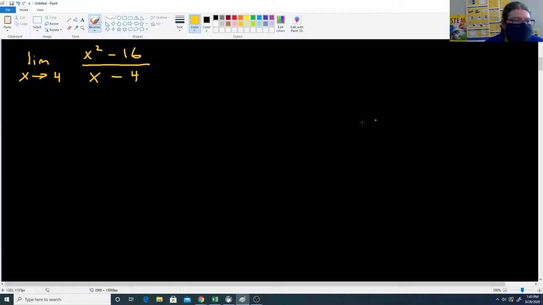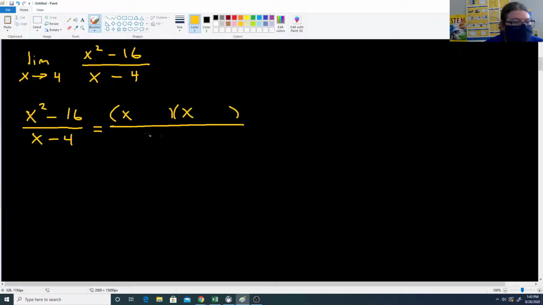We can note if we have x squared minus 16 over x minus 4, we can factor the top. This is the difference of squares, so it becomes x plus 4 times x minus 4. x times x is x squared, minus 4x from the outer plus 4x from the inner, they cancel, and then 4 times negative 4 is negative 16.